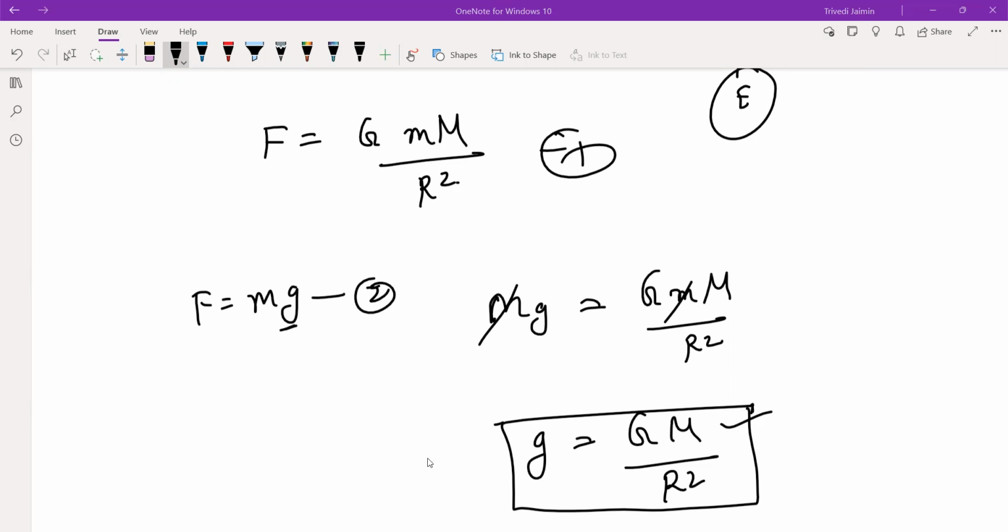Now if I ask you a question: I just said g will be constant, right? 9.8, small g. So will it actually be constant throughout Earth? Can you tell me?